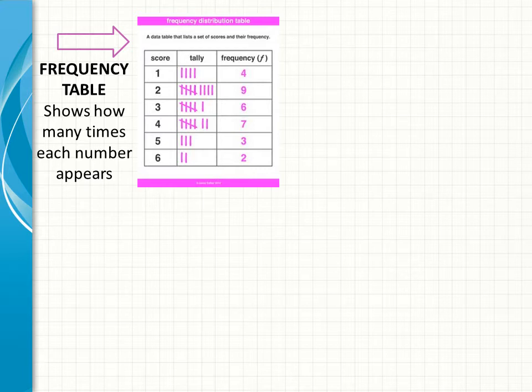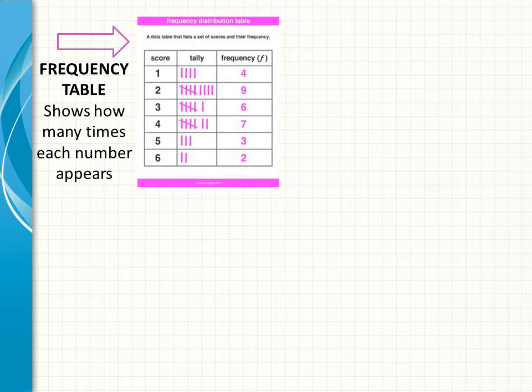Where you don't have up to 5 in the frequency, you will only have that number of strokes in the tally. For example, look at 3 and 2. It's not up to 5. So we only have 3 strokes under the tally. For 2 as well, we have 2 strokes only under the tally, because the number of people who scored 6 and 5 are not up to 5.